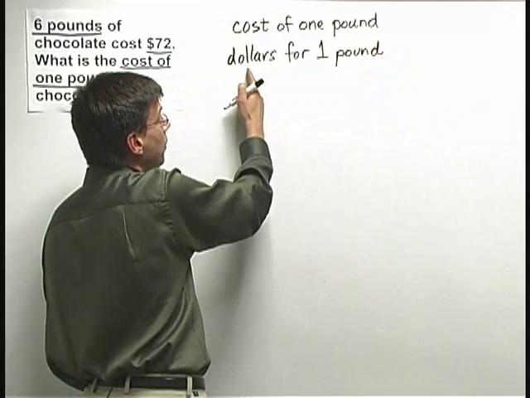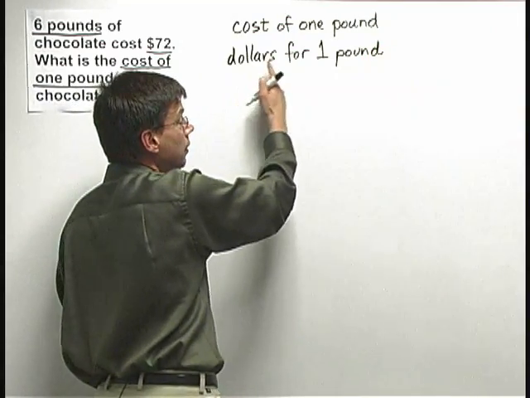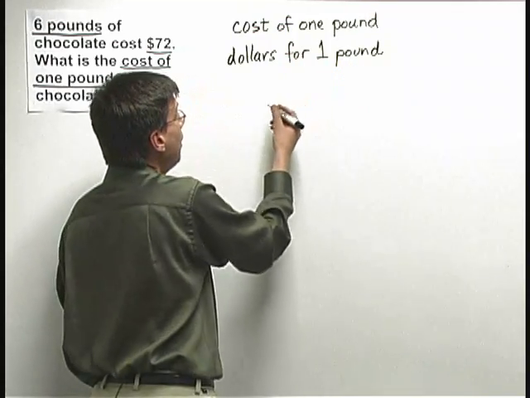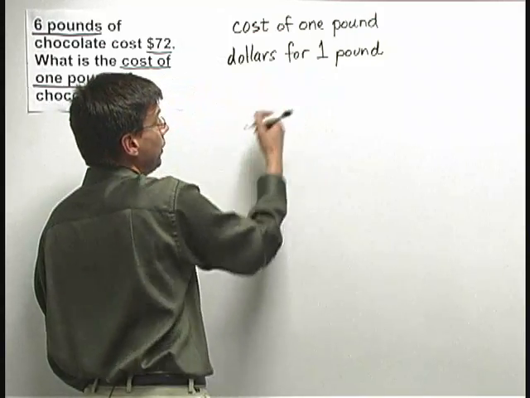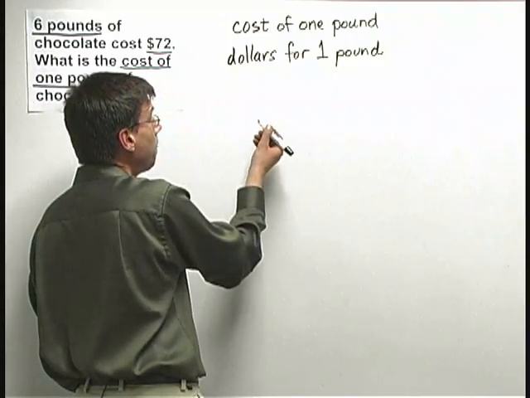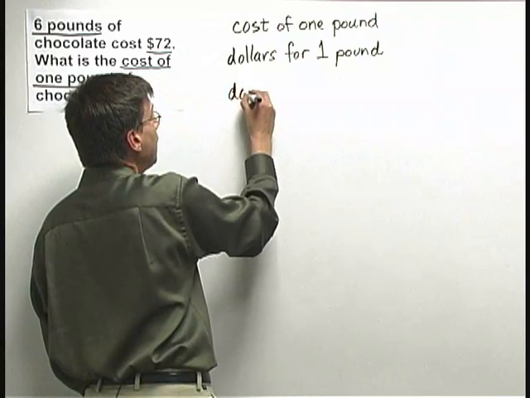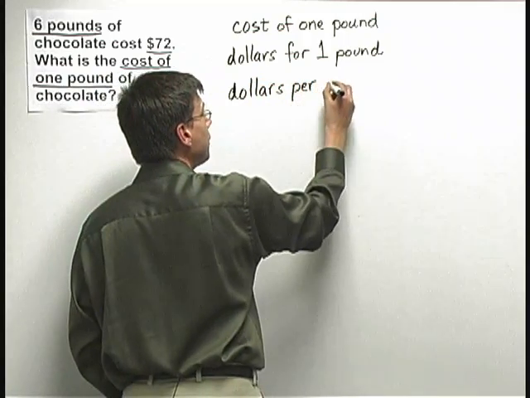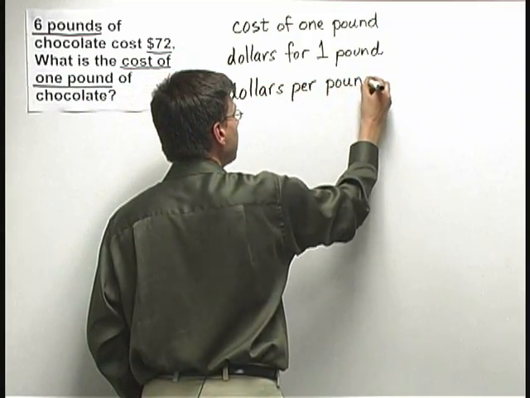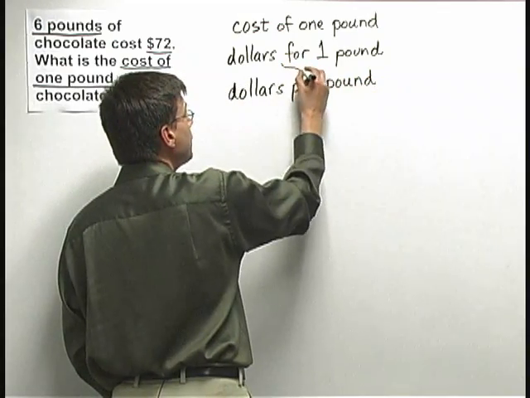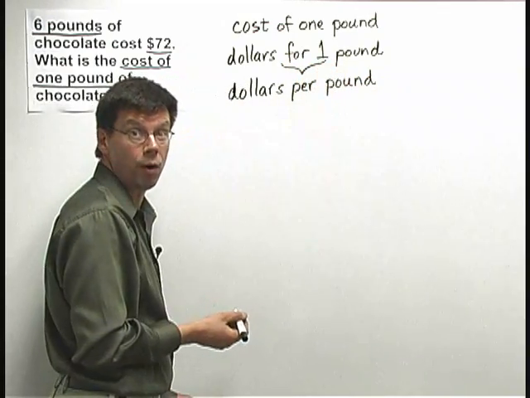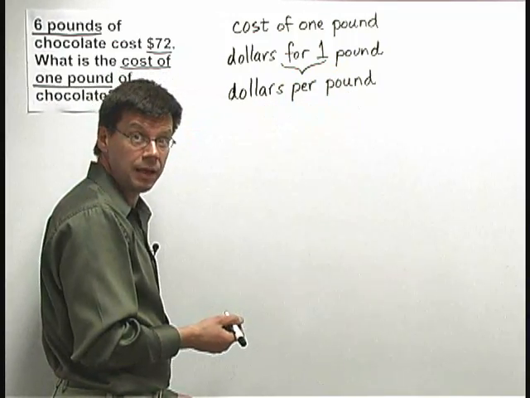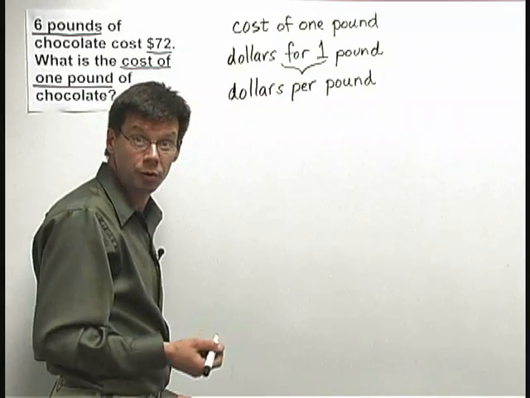When you want to find out how many of 1 unit correspond to 1 of the second unit, we can express that relationship using the word per. Here, we want to find how many dollars per pound. The word per is just another way of saying for 1. So the answer that we're looking for in this problem is a rate. It's how many dollars per pound.